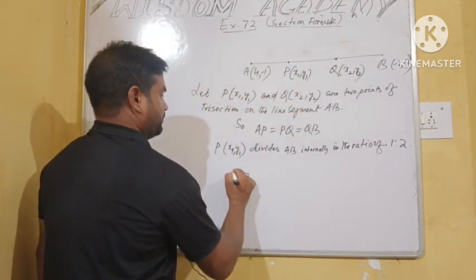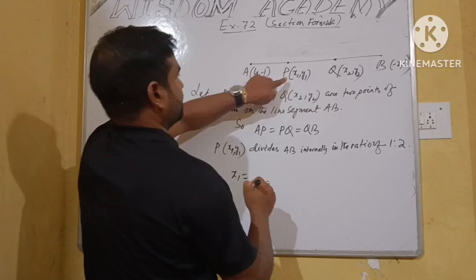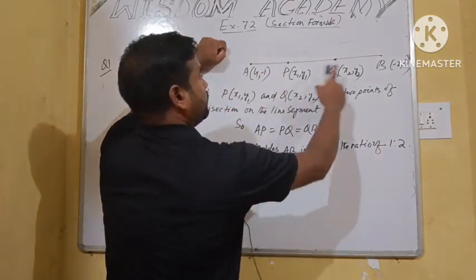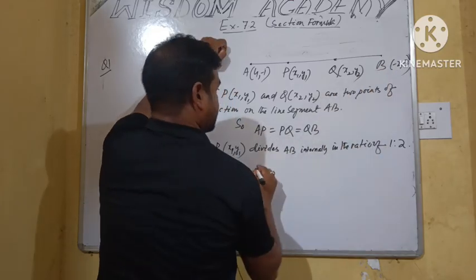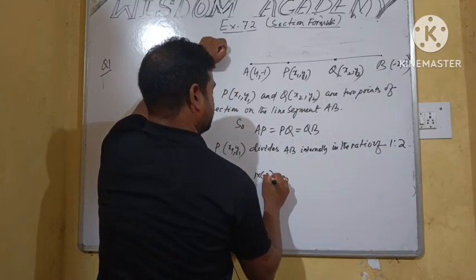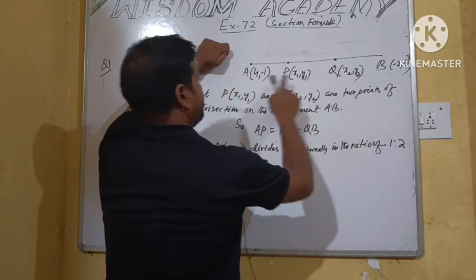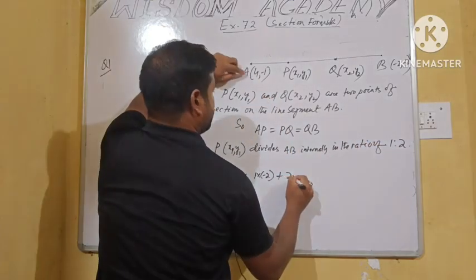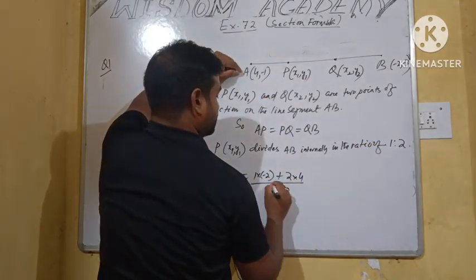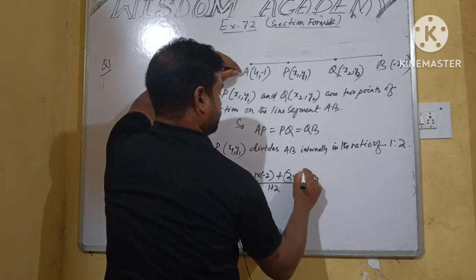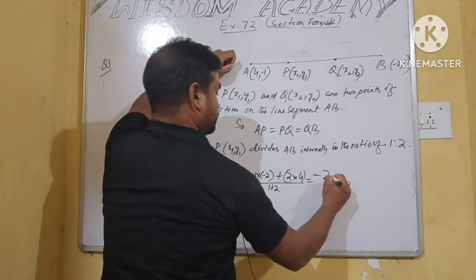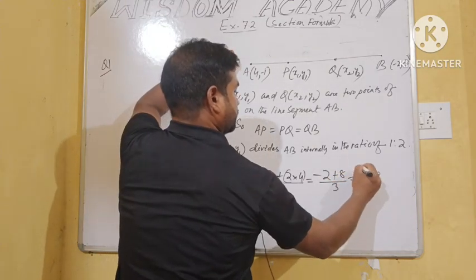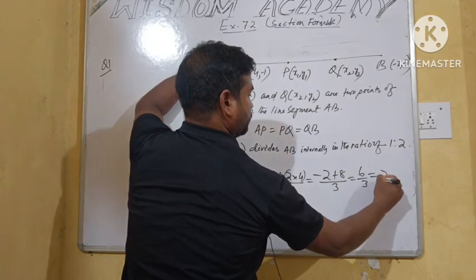So x1: m1 is 1, m2 is 2. m1 into minus 2, 1 into minus 2, plus m2 into 4, 2 into 4, divided by m1 plus m2, 1 plus 2. So minus 2 plus 8 by 3, 6 by 3 is 2.